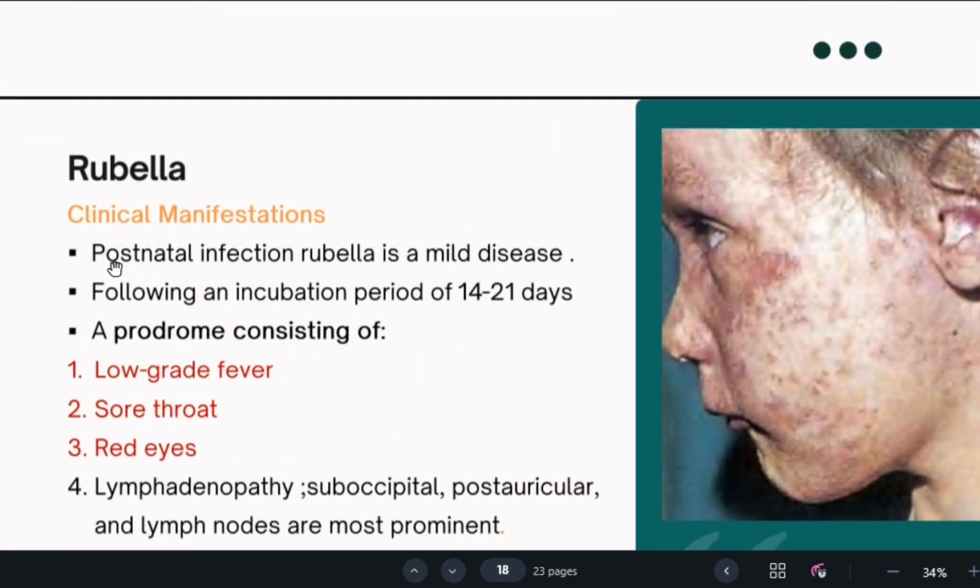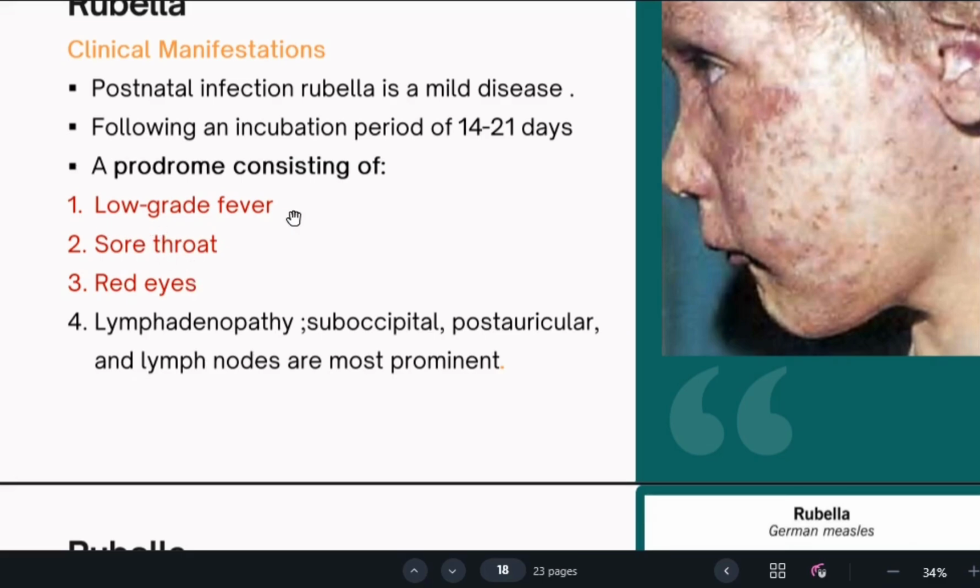Postnatal infection of rubella is a mild disease following an incubation period of 14 to 21 days. A prodrome consists of low-grade fever, sore throat, and red eyes.